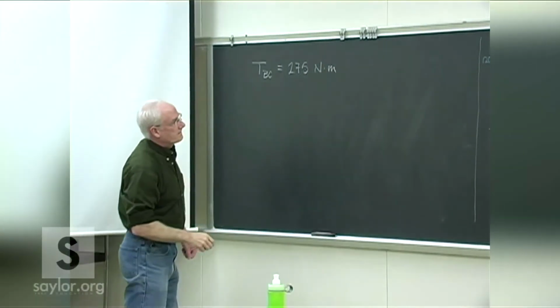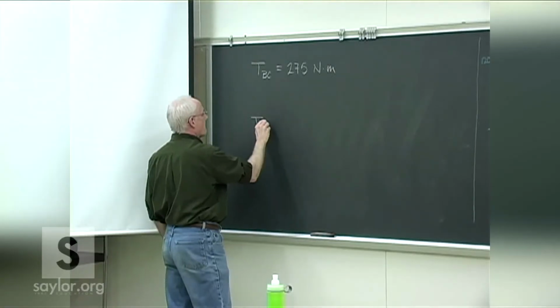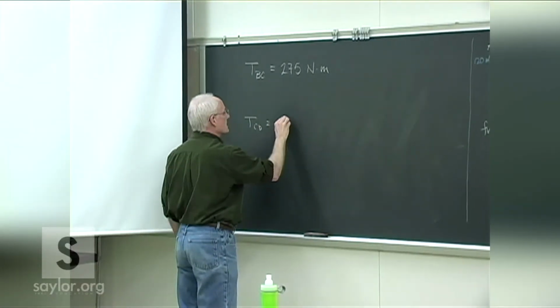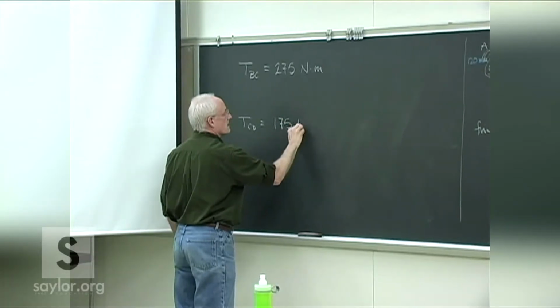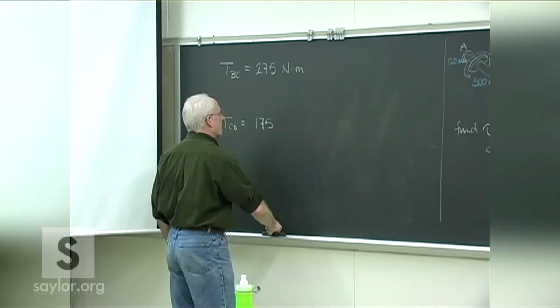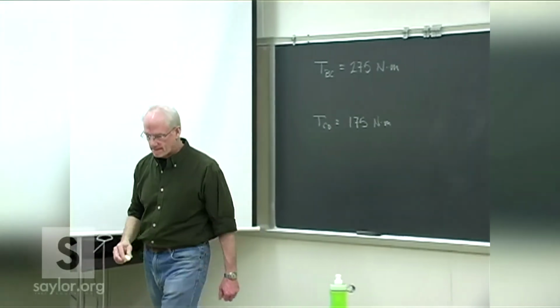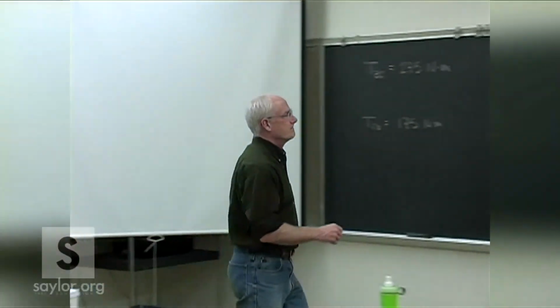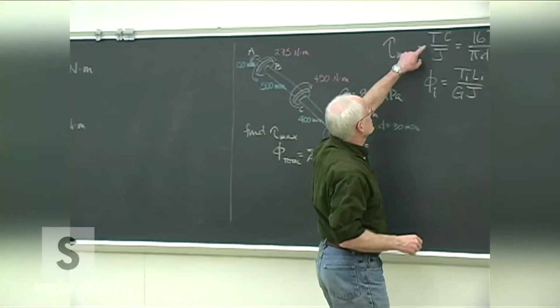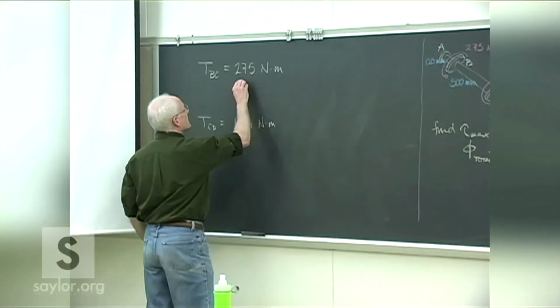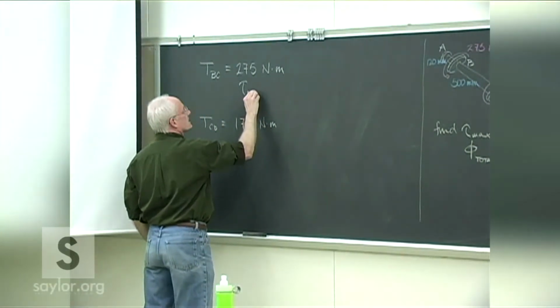And for C to D, we can do the same thing out the opposite end. So we've got the torsional load in each. We can double check then what the maximum shear stress is.